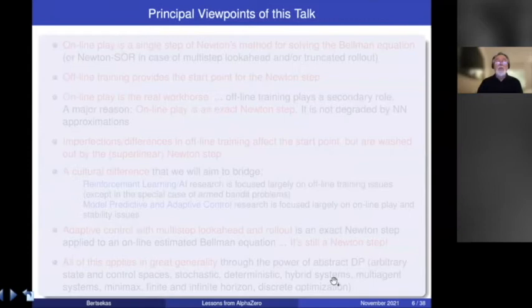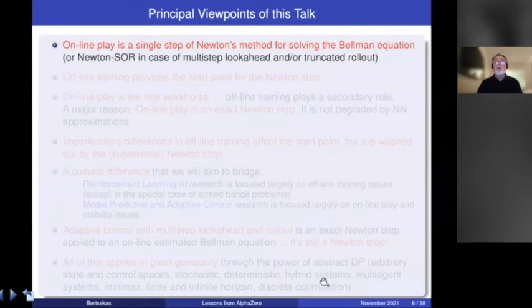So here are the principal viewpoints of this talk. I'm going to show you that online play is just a single step of Newton's method for solving the Bellman equation associated with the problem, the dynamic programming problem. This is true for one-step look ahead. In the case of multi-step look ahead, the Newton step is preceded by some value iterations.